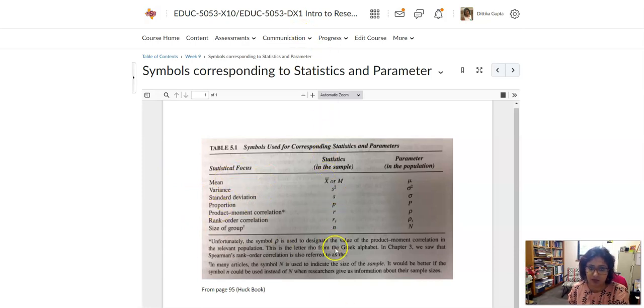The symbols matter a lot. When you have a sample from the population, what symbols do you use for these measures? And when you have a parameter, which is your population, what symbols do you use? Because you always set the null hypothesis using the parameter because you're making inferences about the population.